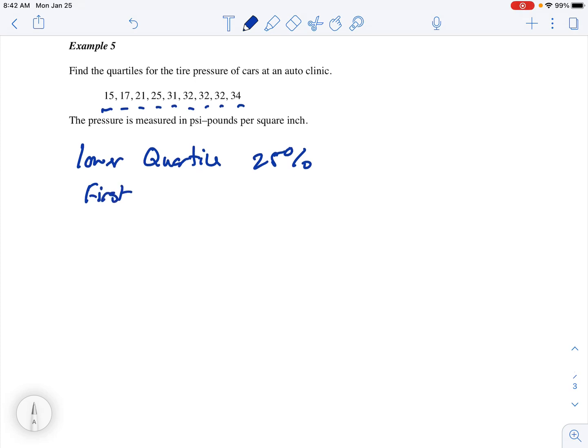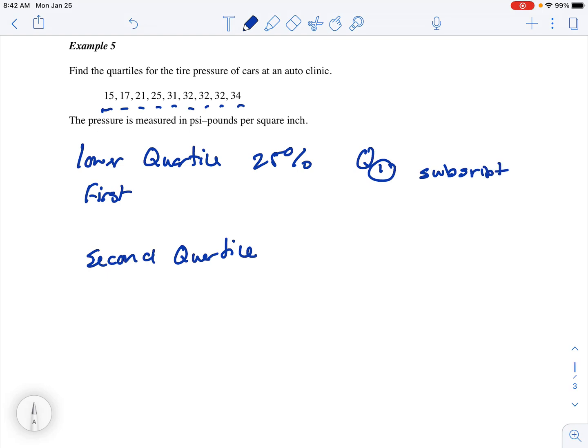The second quartile is half the numbers below. We're going to call it Q2. This one right here, the lower part first, we call Q1. This 1 is the subscript.